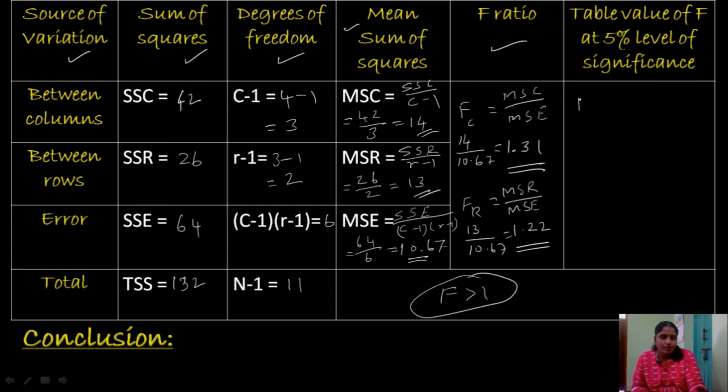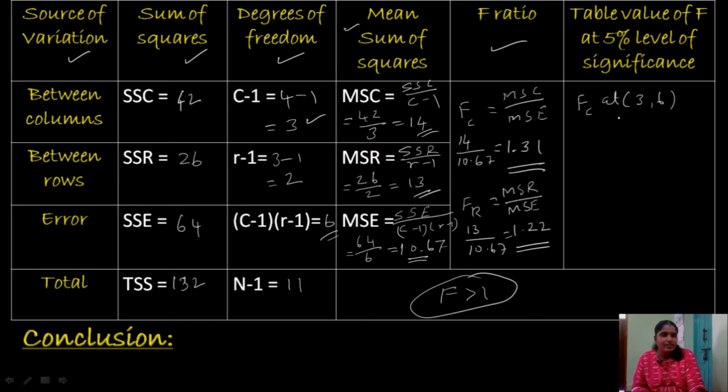So FC, that is the F ratio at MSC, has degrees of freedom 3. So we have to take 3 in the numerator, and MSE has degrees of freedom 6.